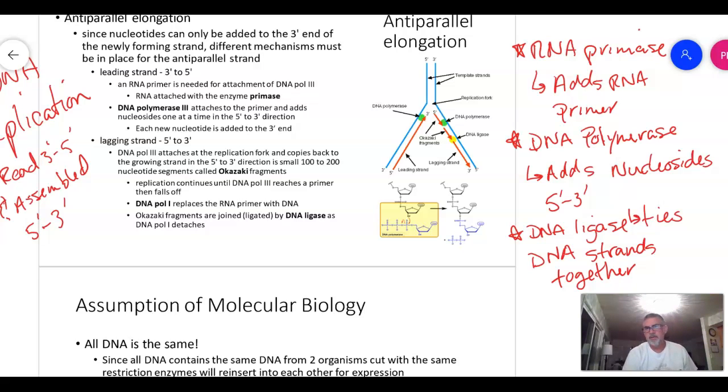And there are other enzymes here. There's an enzyme that goes around your DNA here, and this would be topoisomerase. This relieves supercoiling.